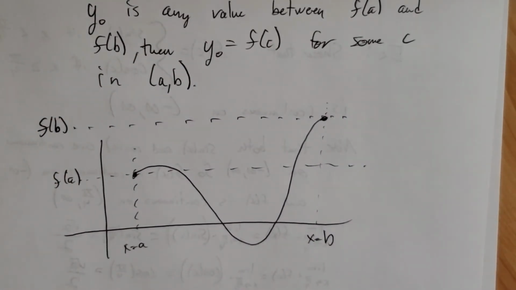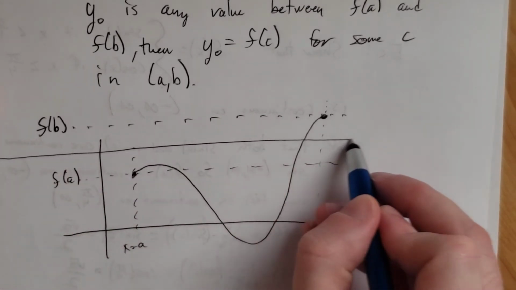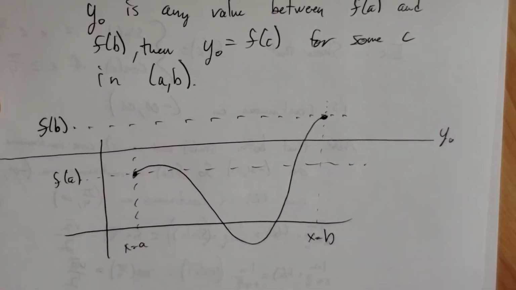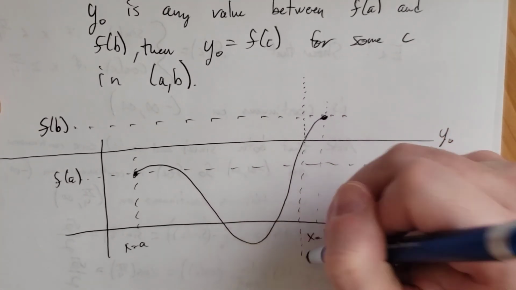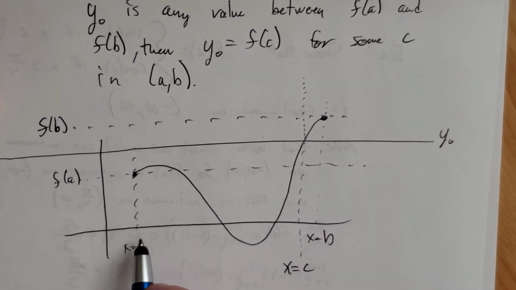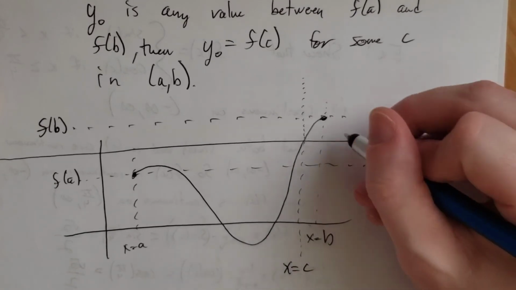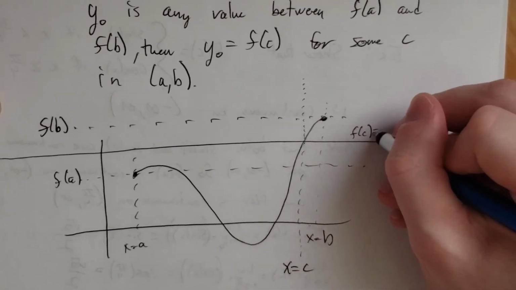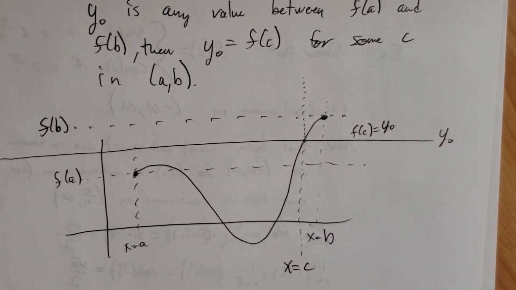What the intermediate value theorem says is that if we select any horizontal line here, y naught, there is some c, at least one, maybe multiple, but some c value, so x equals c, between a and b, that f of c is equal to y naught. So we evaluate our function at that point, and we get y naught. That's all that intermediate value theorem means.